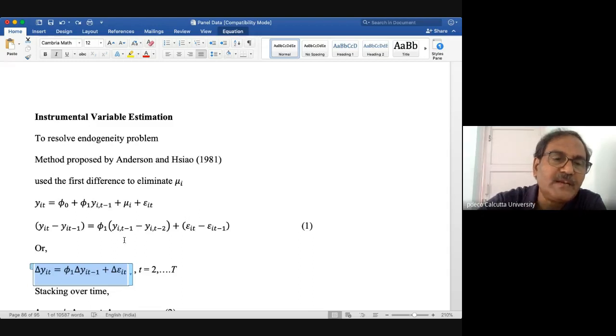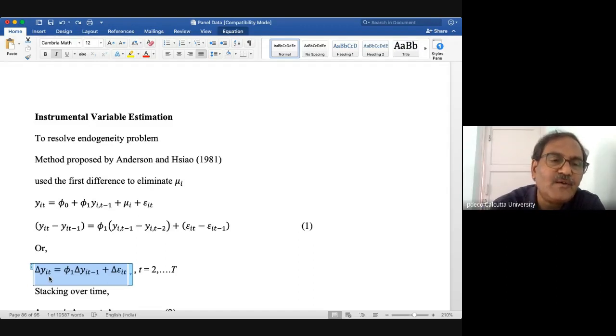So better to write this by substituting t from 2, not from 1. So in the left hand side, you have delta yi2, delta yi3.